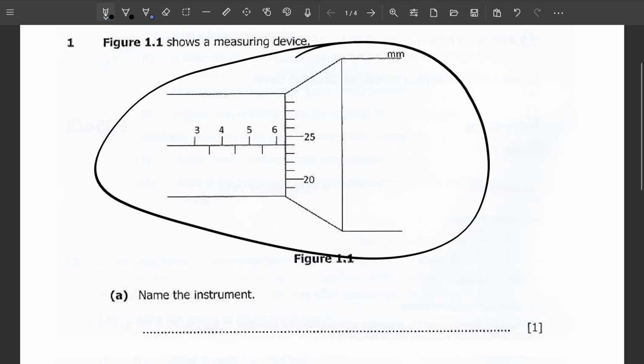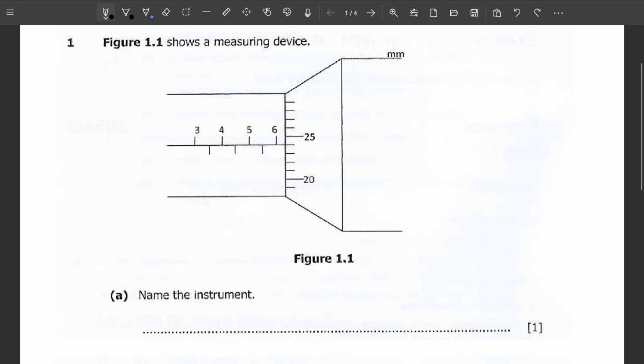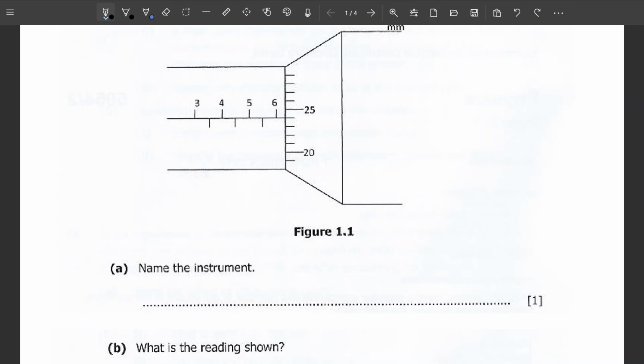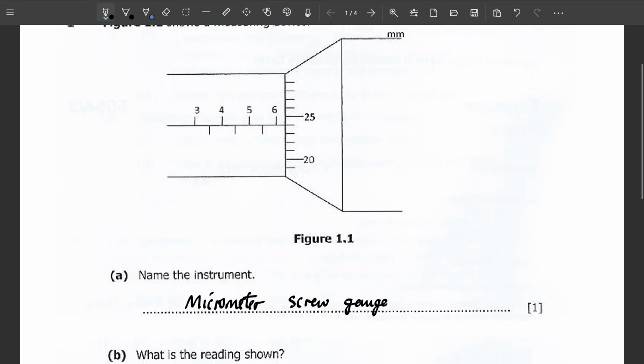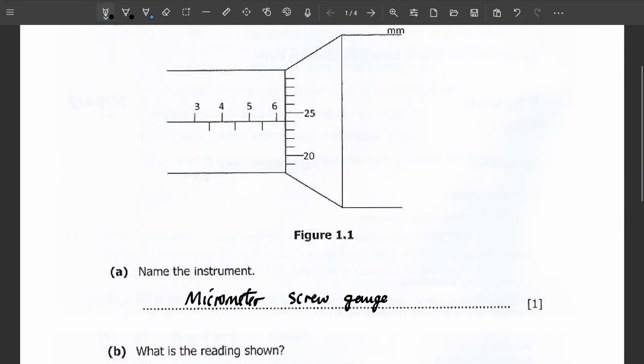The name of this instrument is a micrometer screw gauge. Remember, this is how some questions on micrometer screw gauge come. This was a simple question and it carried 1 mark.